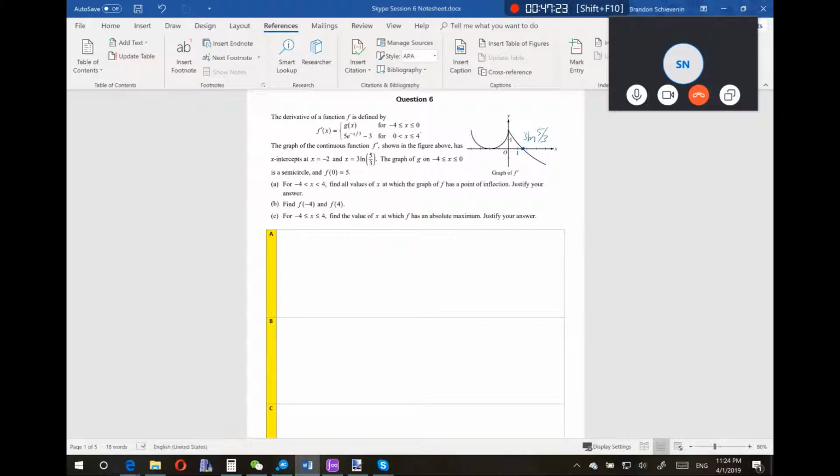I'm going to write this. I'm going to say something like: f prime of x changes from decreasing to increasing at x equals -2, and from increasing to decreasing at x equals 0.